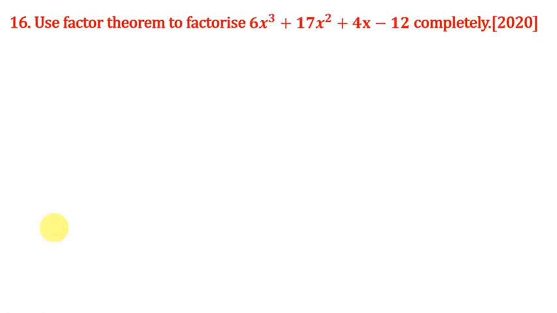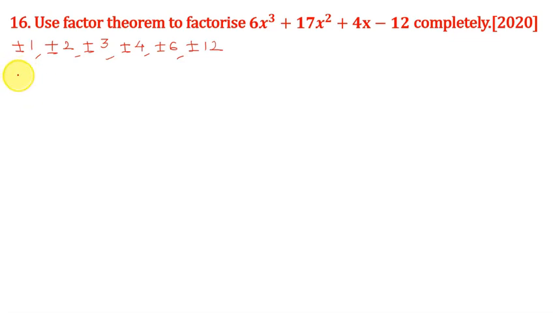Now again use the factor theorem to factorize the polynomial 6x cubed plus 17x square plus 4x minus 12 completely. This question was asked in the 2020 examination. Here the factors of 12 are plus or minus 1, plus or minus 2, plus or minus 3, plus or minus 4, plus or minus 6 and lastly plus or minus 12.